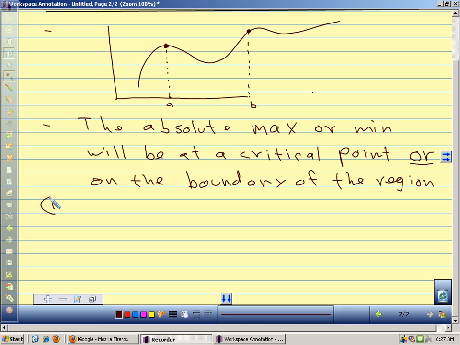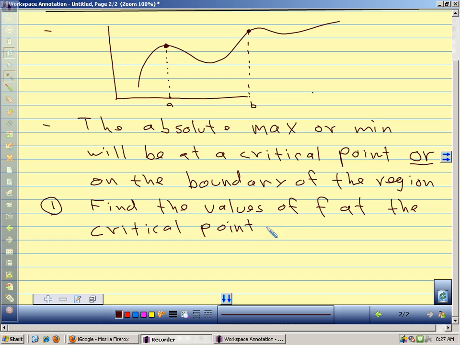Our first step is we find the values of f at the critical points of the region. So this is what we did on Friday.